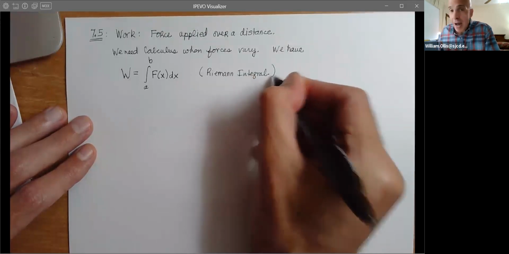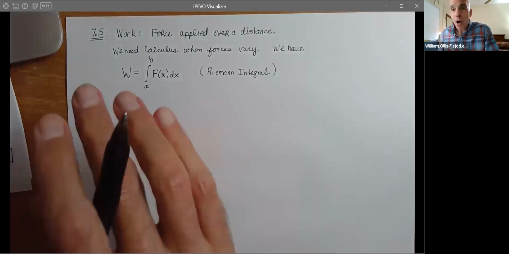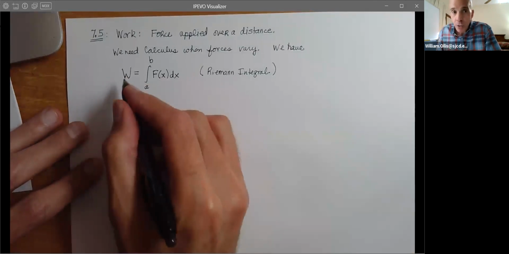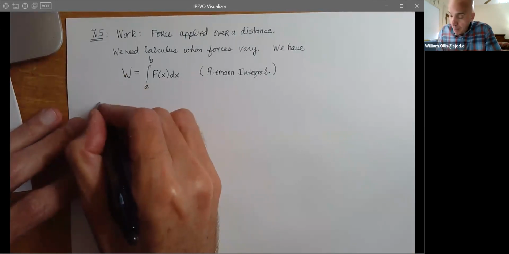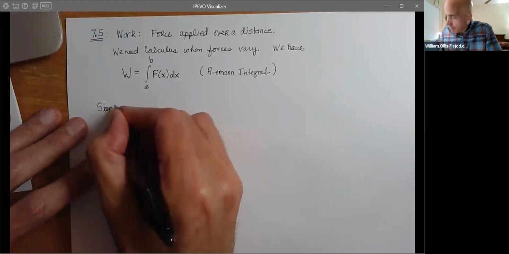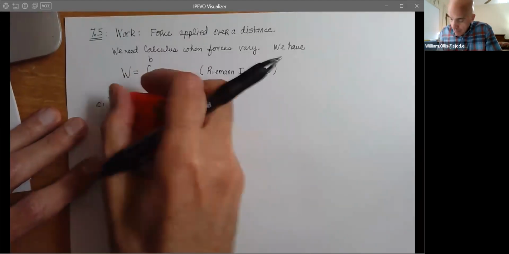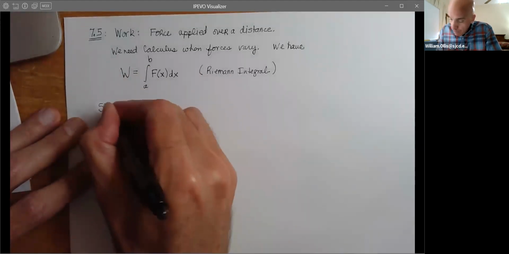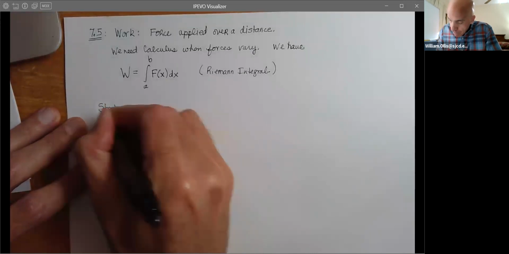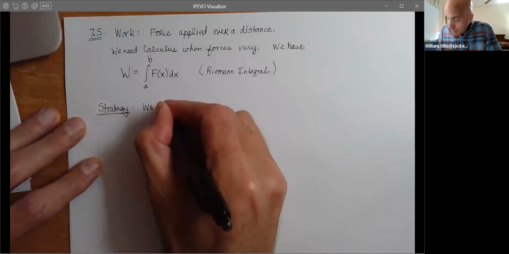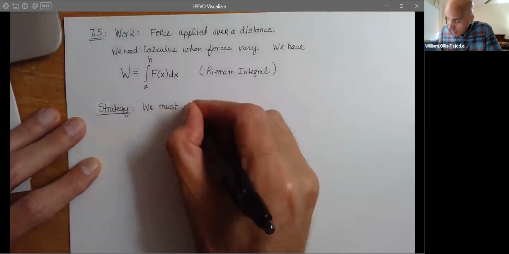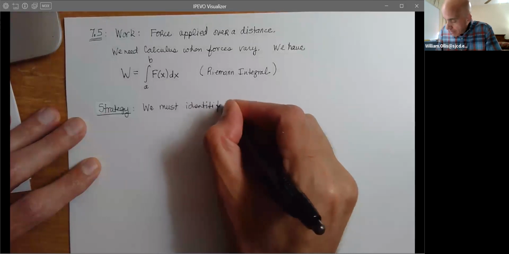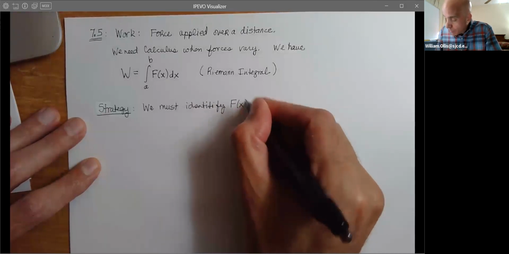So the idea is that when we do problems with work, we have to identify the force. So here's the strategy. If we work with springs or moving water, we must identify f of x relative to the problem.